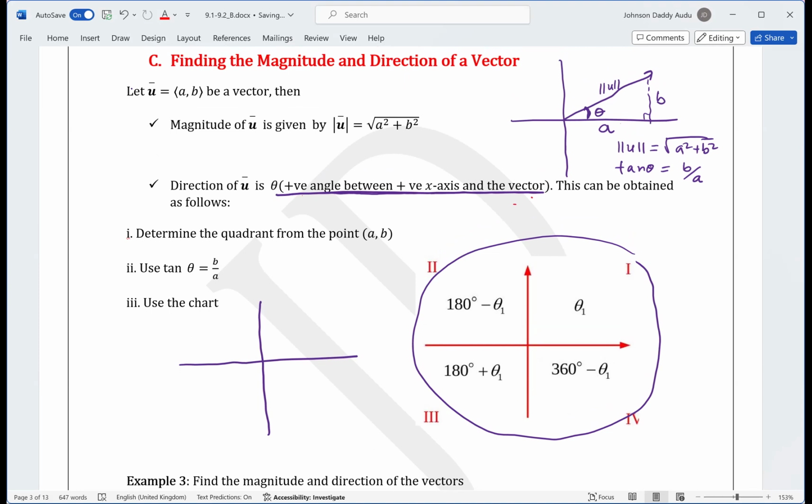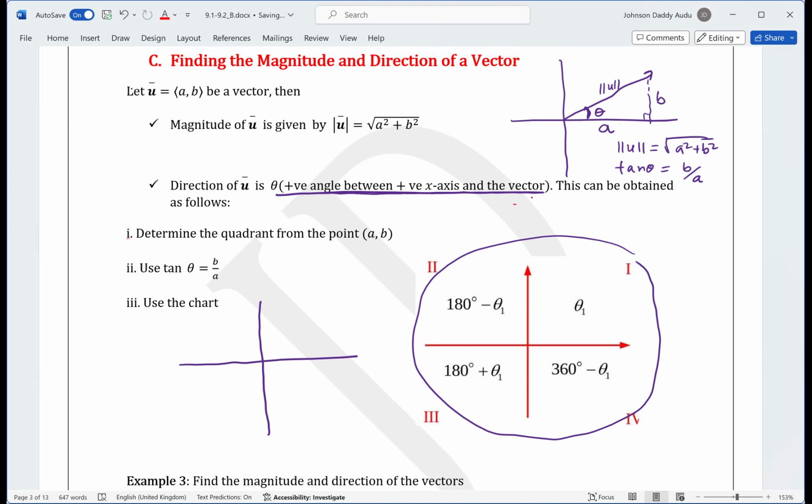When we talk about a reference angle, it is always from the x-axis. It could be from the positive or the negative x-axis, so from the x-axis to your terminal will give you the reference. But for standard position, it must start from the positive x-axis to your terminal.